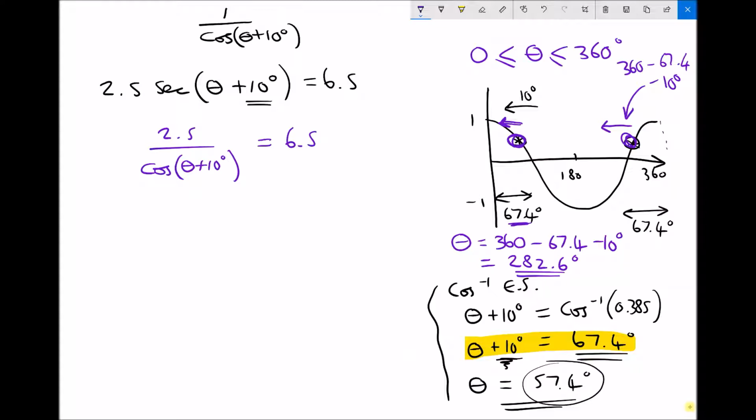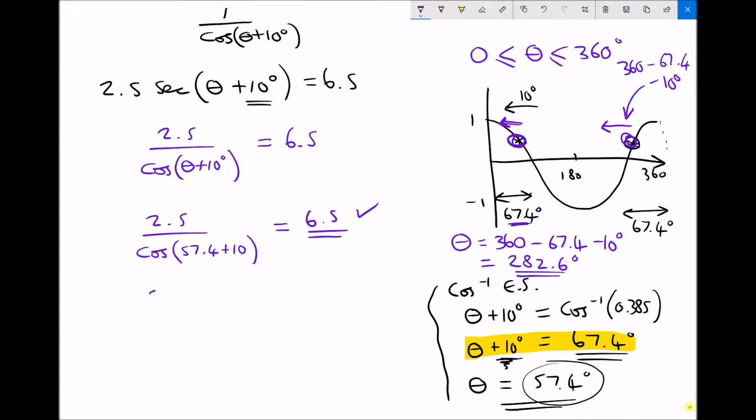Our two values then, first of all, we're going to check our 57.4 degrees. And running that through our calculators, we've got 2.5 over cos 67.4. And that comes out to be 6.5, taking into account a small amount of rounding. So we know that that value is correct.